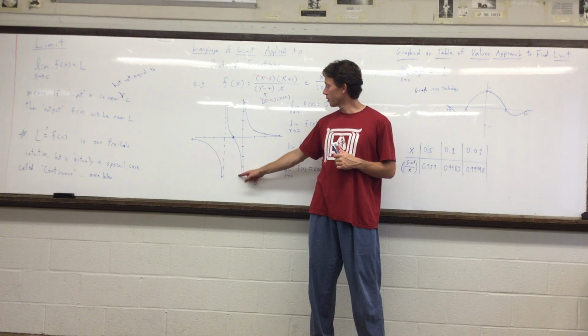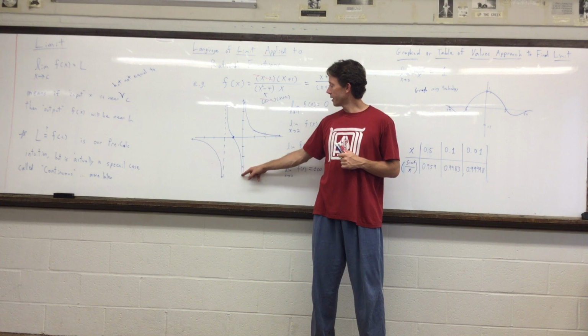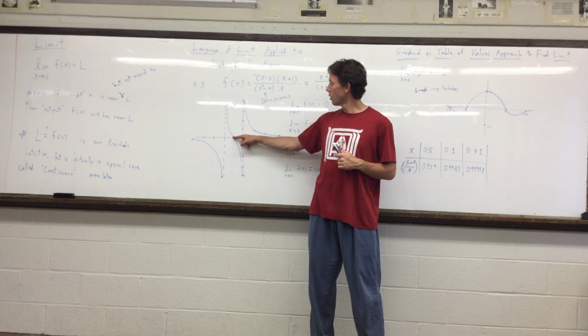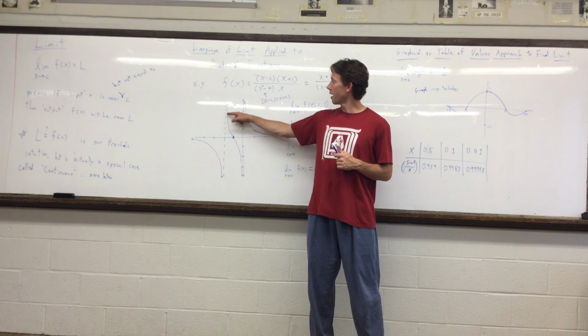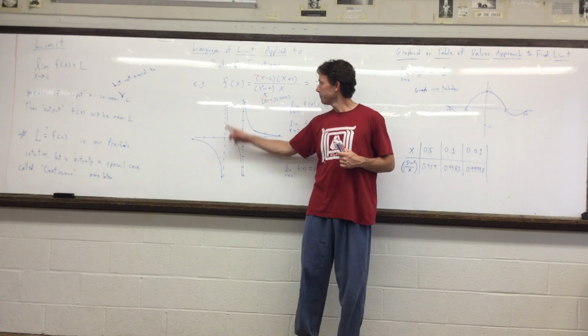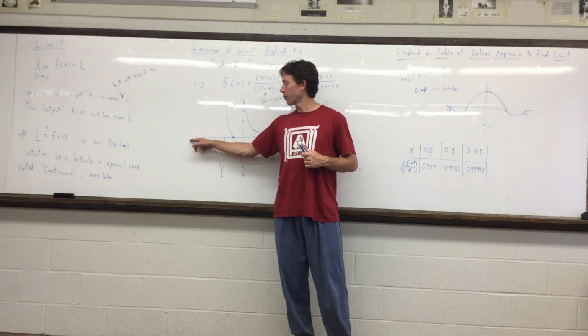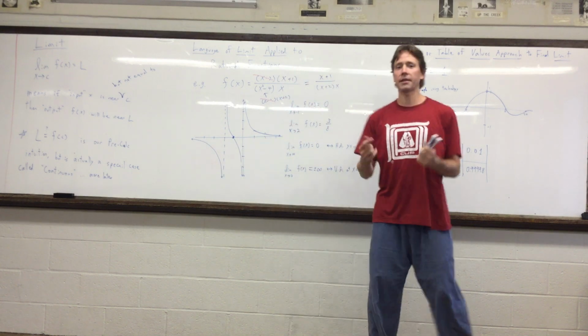So my vertical asymptote is negative on the other side. And so I start down here, I go through the known 0, I change signs again, and I have a vertical asymptote going to positive infinity here. I change signs again, and I go from the vertical asymptote to the horizontal asymptote. Okay, so that's how we can graph it.